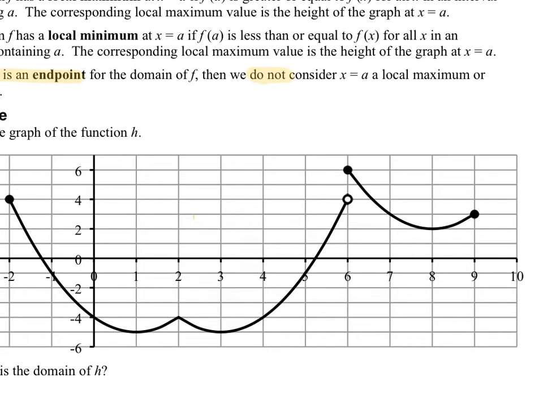An example of that will be something like this. Let's say you have a function that looks like this, and let's say that we only go from here to here.